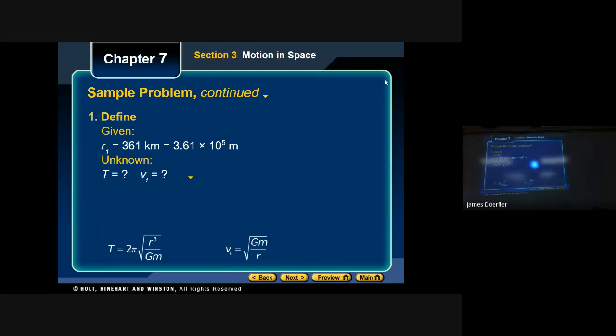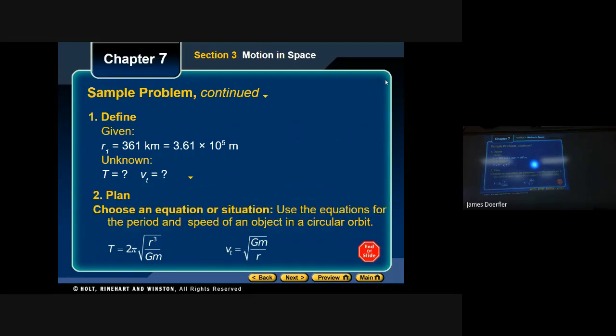Really, that's all we need to know, because the other stuff is going to be relatively constant, except for M. You're going to have to be given that or look it up. Mostly you'll be given it. Okay, so we need to choose an equation. Since we have to determine both period and speed, we're going to use both of those formulas.